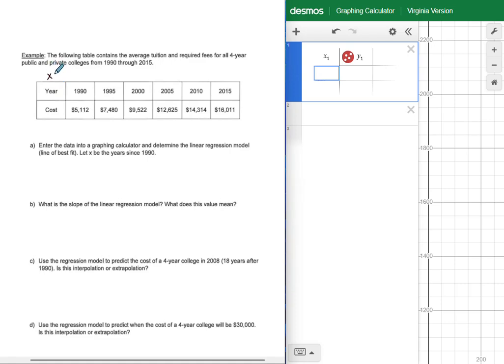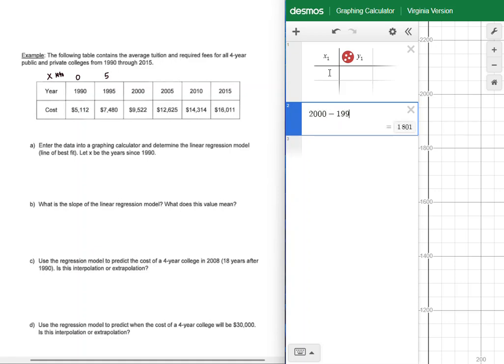If it's since 1990, 0 plus 1990 is 1990. What plus 1990 gives you 1995? So it's 5 years, right? And for 2000, 2000 minus 1990 is 10 years.